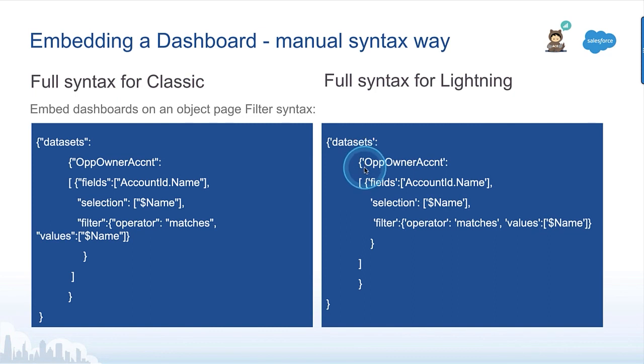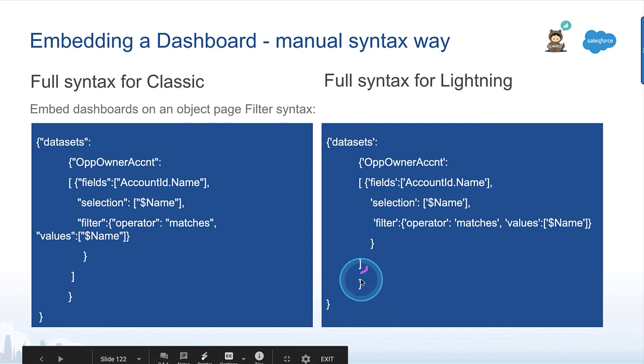If I have multiple data sets, then this structure within the curly brackets from here to here kind of repeats. So just to make it easy, you put a comma here and then repeat everything from the dataset name, with the square brackets before the curly bracket.